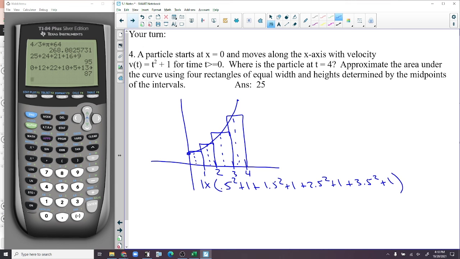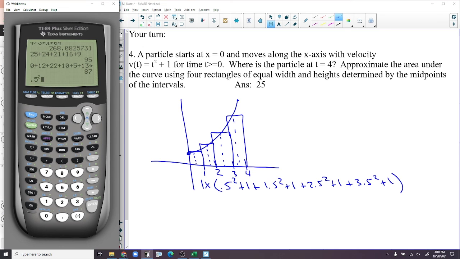So there are the 4 rectangles: 0.5 squared plus 1, plus 1.5 squared plus 1, plus 2.5 squared plus 1, plus 3.5 squared plus 1. All right, so 25.